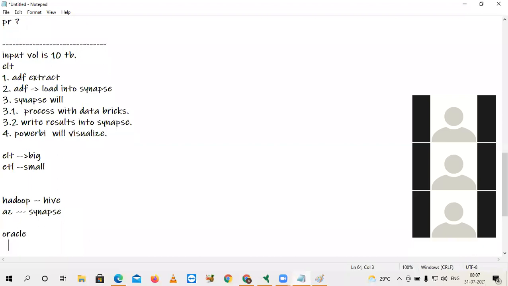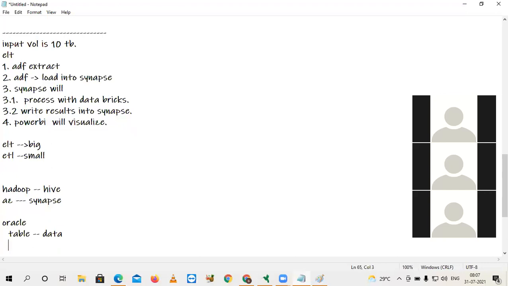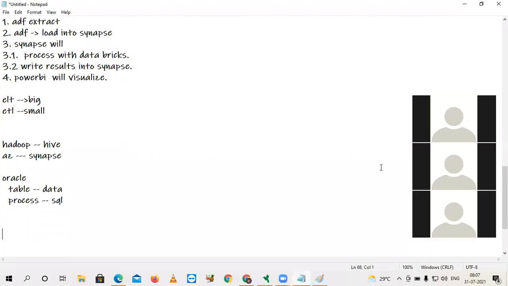In Oracle, you keep data in tables. But to process that data, you use SQL. In that way, think of Synapse as warehouse storage, but to process that data, the Synapse Analytics product is there. Got it. Thanks.